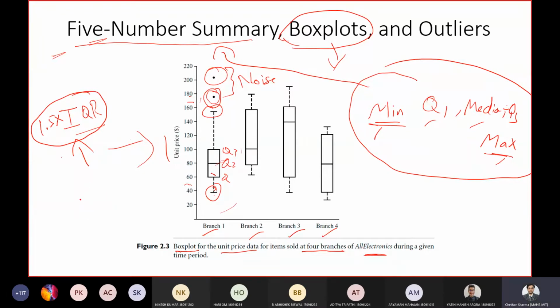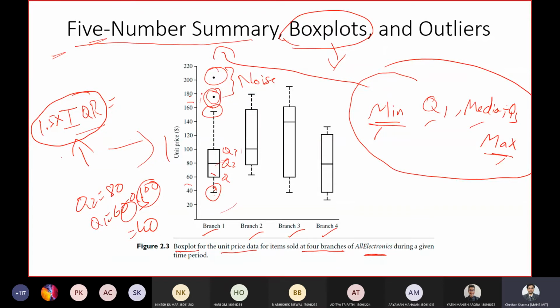So you can see that median Q2 is 80, Q1 is 60, and Q3 is 100. What is IQR? How is it calculated? Q3 minus Q1. That is 100 minus 60, which gives you 40.